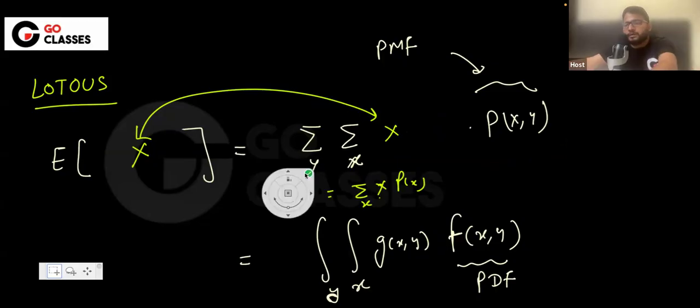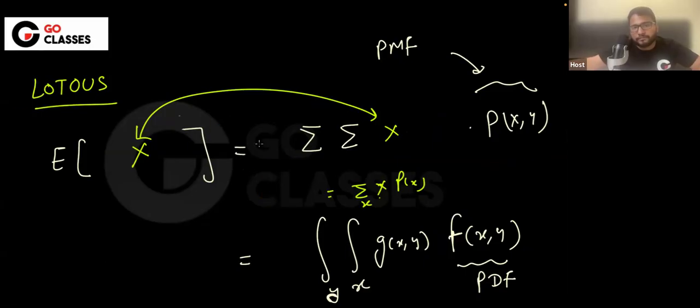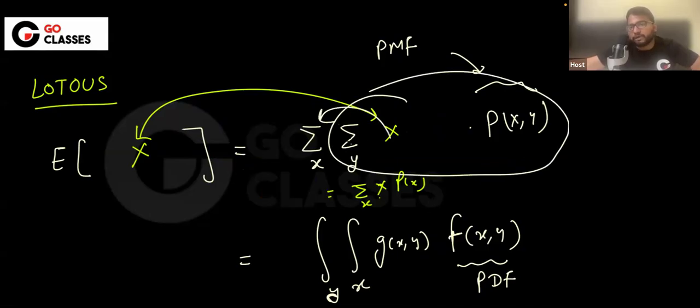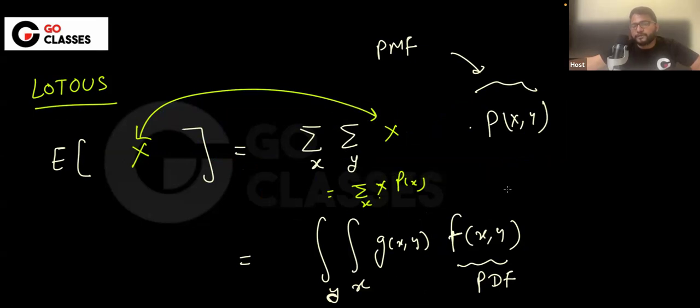Let me write x, y for your own sake, if you want to prove it. This quantity x you can take outside because it is constant with respect to y, and then this quantity is just p(x), which is the formula of expectation. Anyway, you can even prove it.